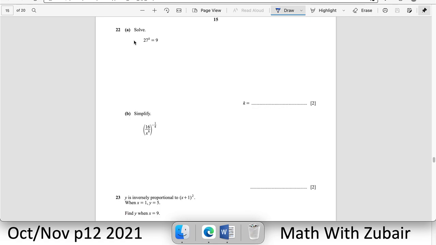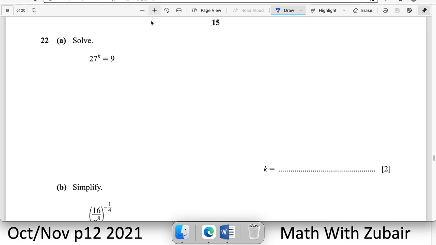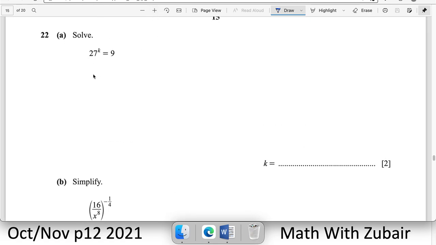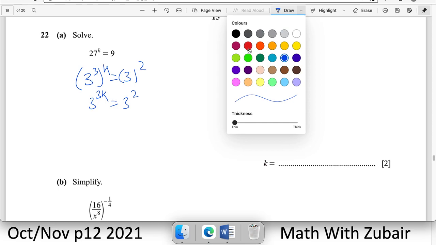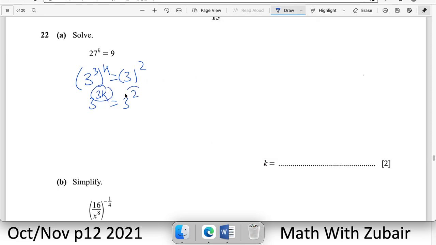Question number 22, solve these indices. So we can write them as powers of 3. This is 3 raised to power 3 and this is 3 raised to power 2. So 3 raised to power 3k is equal to 3 raised to power 2. We can compare the powers. So 3k equals 2, k is equal to 2 by 3.